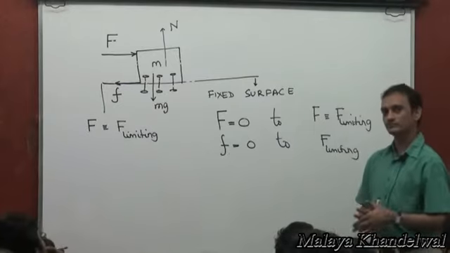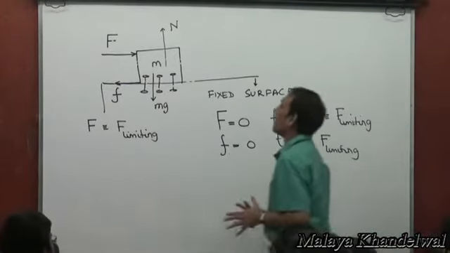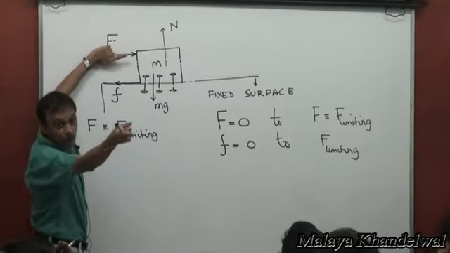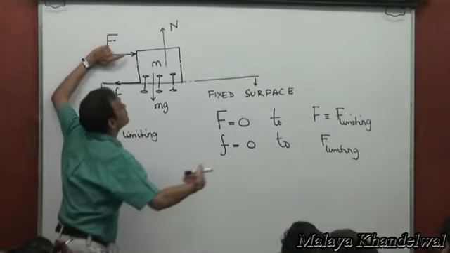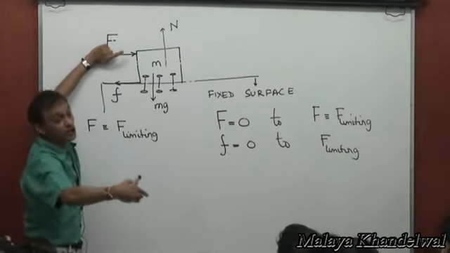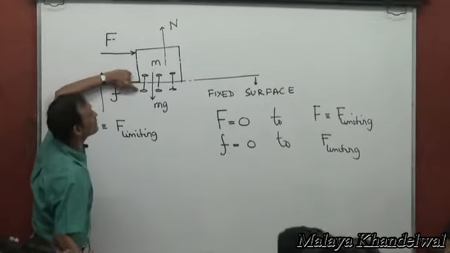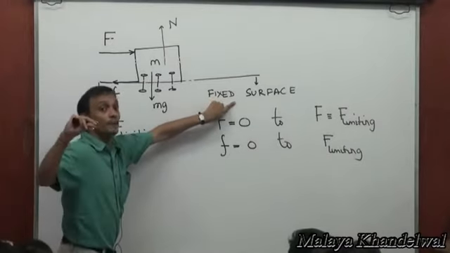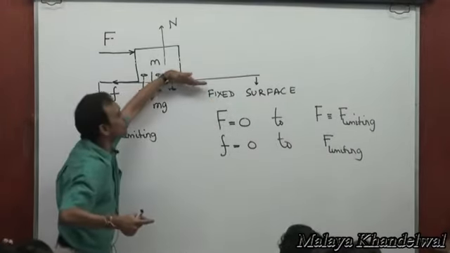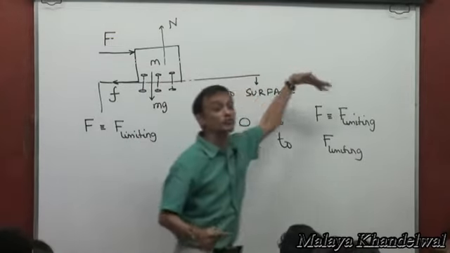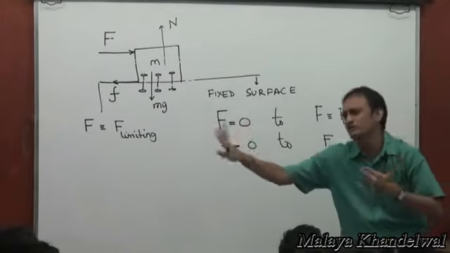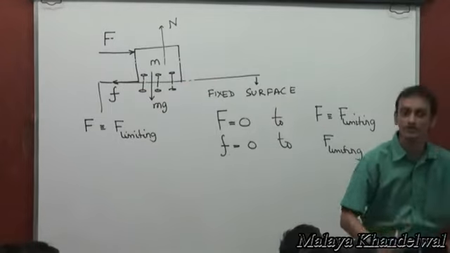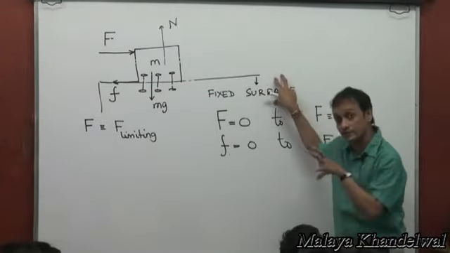And conversely, any value of the externally applied force lying between 0 to 10 newtons, for example, will not disturb static conditions between the body and the fixed surface, provided, again, this fixed surface condition is very important, because if this surface is also mobile, then the discussion would take a different turn, and whatever I have said would have to be modified in light of motion or acceleration of the surface.